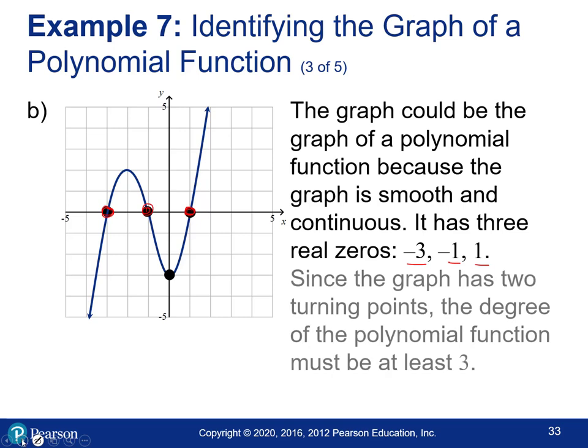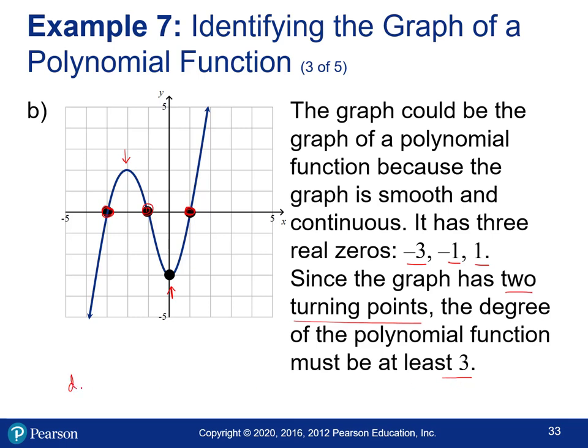And now the other question was about the degree. So this graph, look at the turning points. If you were traveling on this graph, it would have one turning point here, and then down here would be another turning point. So there's 2 turning points on your graph, and based on the theorem we just learned, that means that the degree of our polynomial is 3 or more, okay?